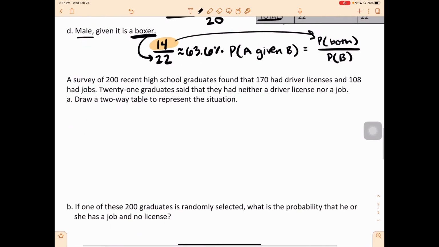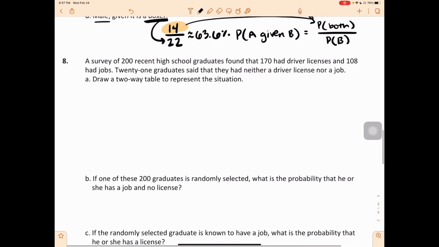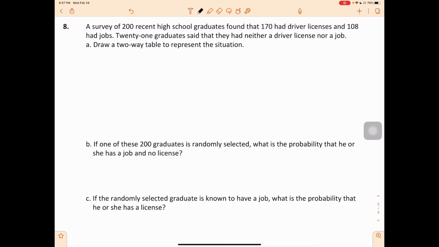All right, number 8. A survey of 200 recent high school graduates found that 170 had driver's license and 108 had jobs. 21 graduates said that they had neither a driver's license nor a job. Draw a two-way table to represent the situation.